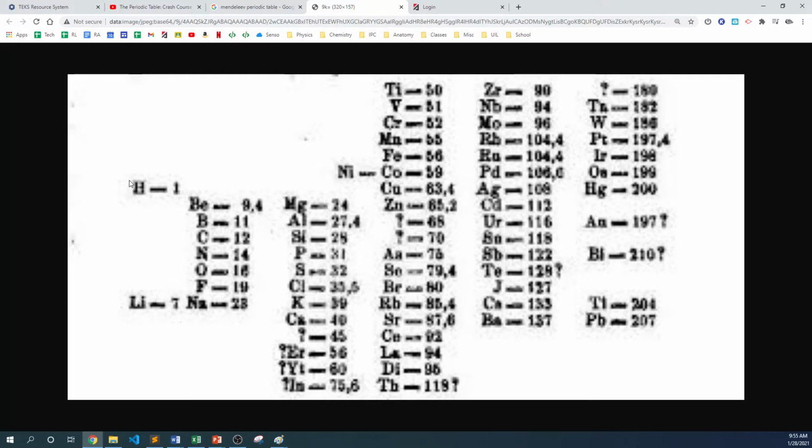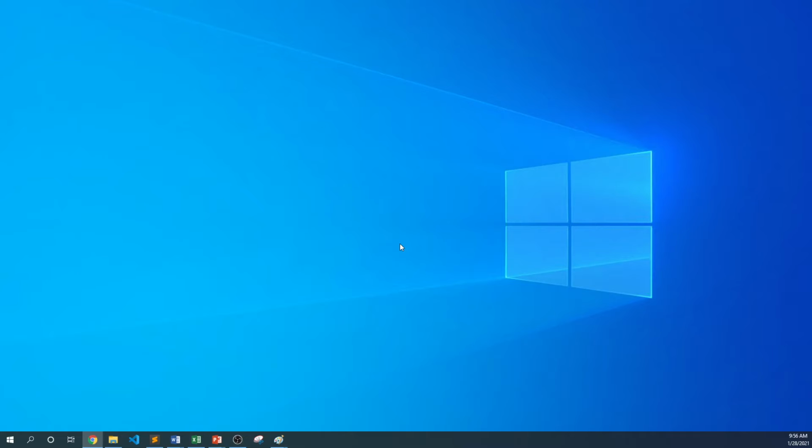Hydrogen seemed different than the first group. That's the reason why it's separated by itself. If you look at fluorine, chlorine, bromine, and so forth, oxygen and sulfur, it's flipped around. Also, his table is sorted by atomic mass, not atomic number.